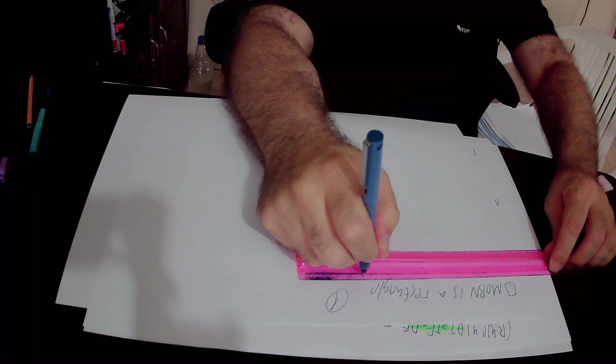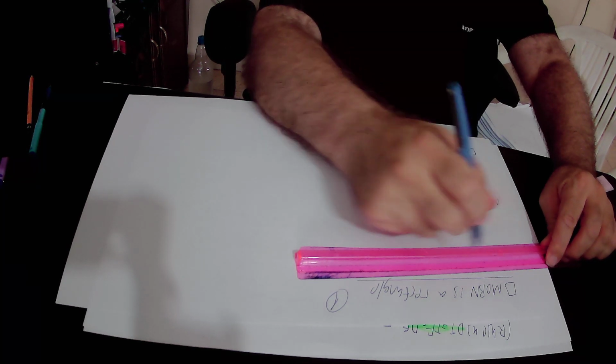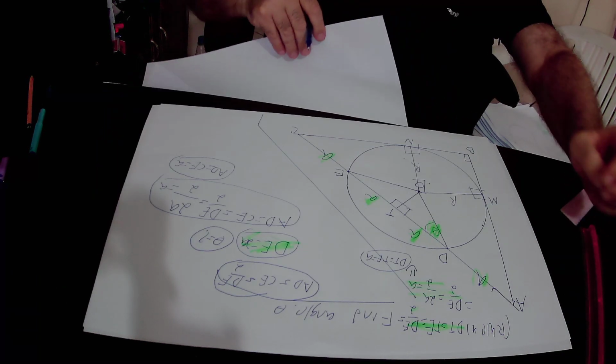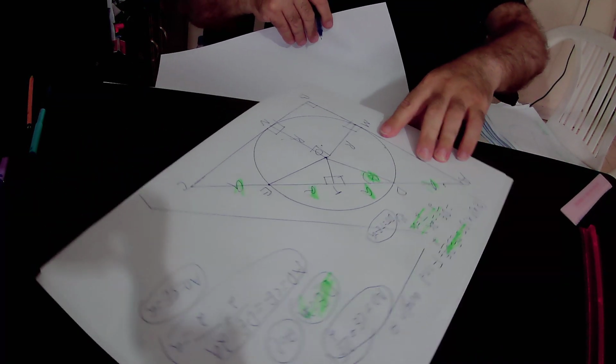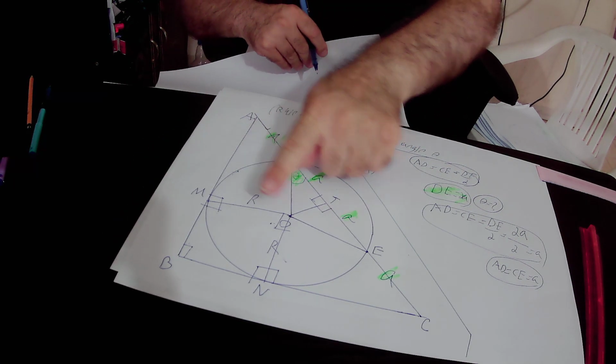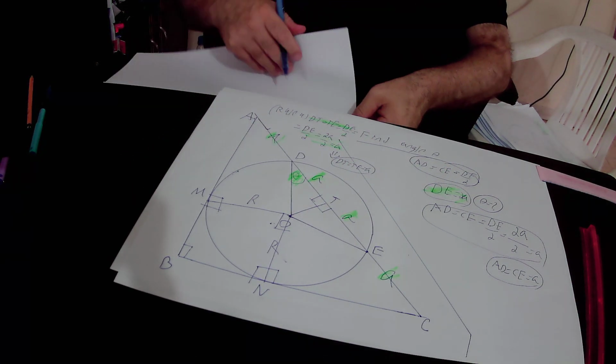And we also know that the opposite sides of a rectangle are equal to each other. That is to say, MO equals BN.